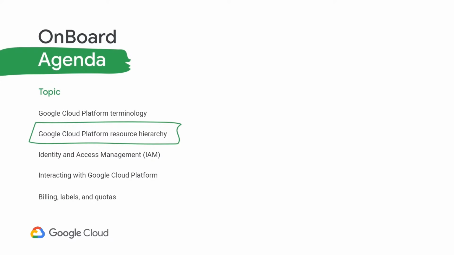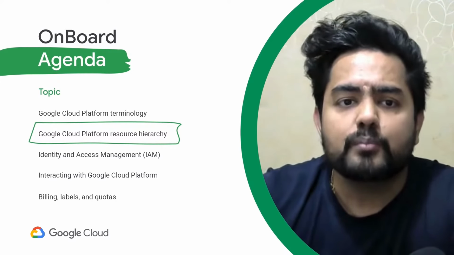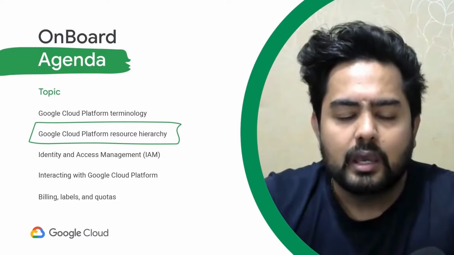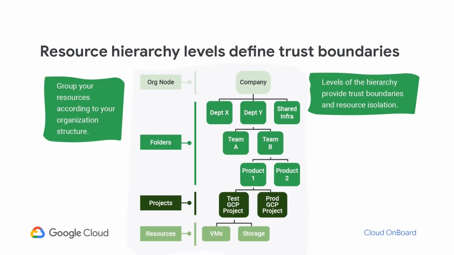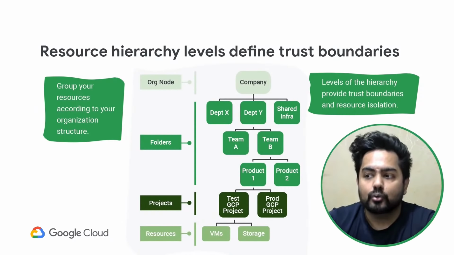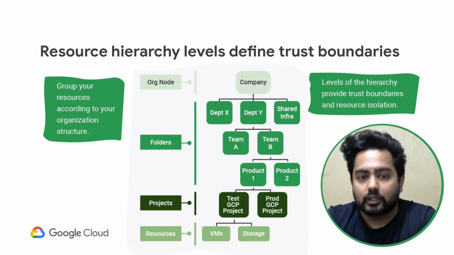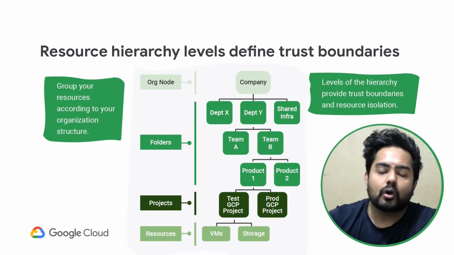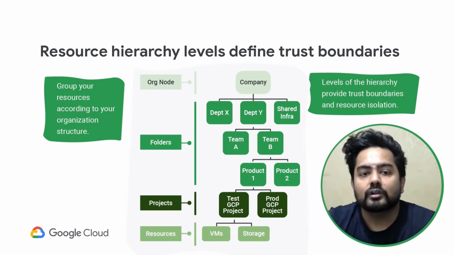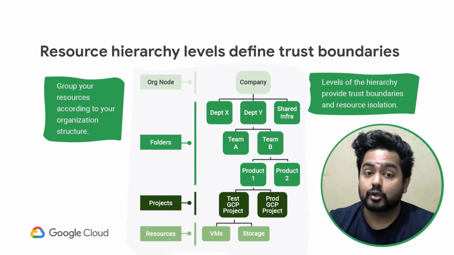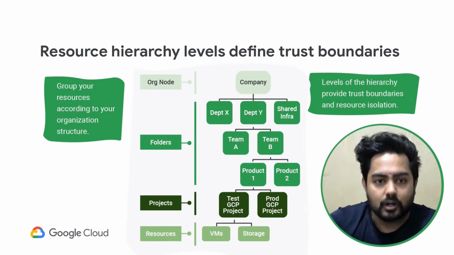Let's understand the Google Cloud Platform resource hierarchy and why it is even required. Google Cloud resources, meaning anything that we are going to run on the Google Cloud environment, are organized in a hierarchically managed manner, where you have an organization node, which is basically the root node in the hierarchy.